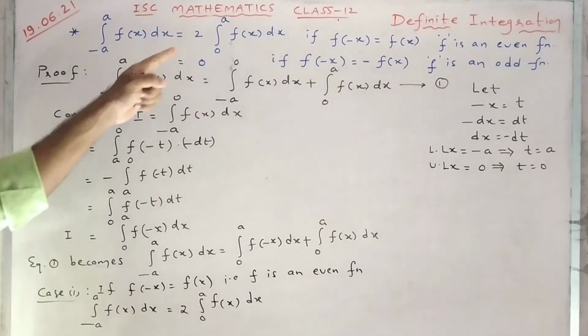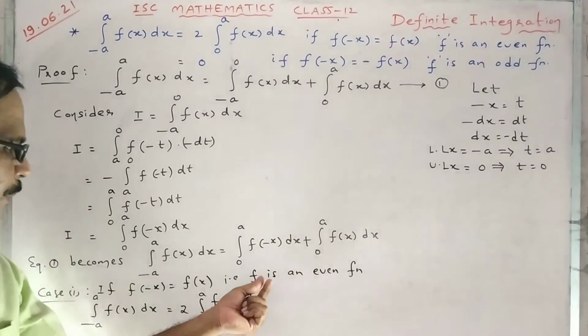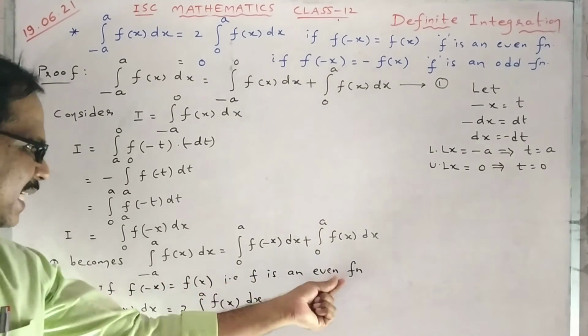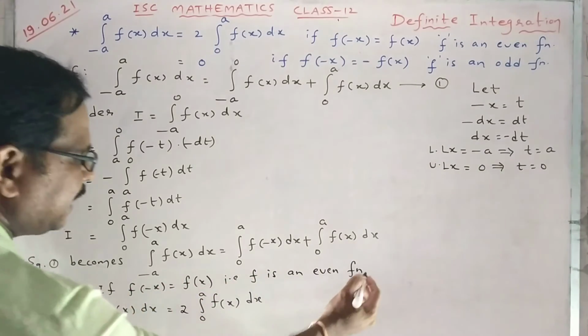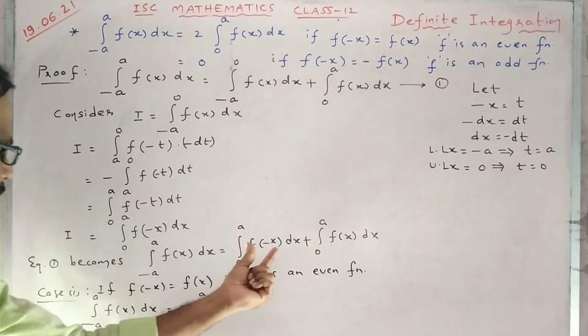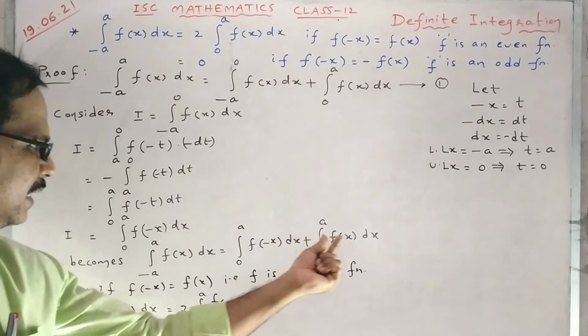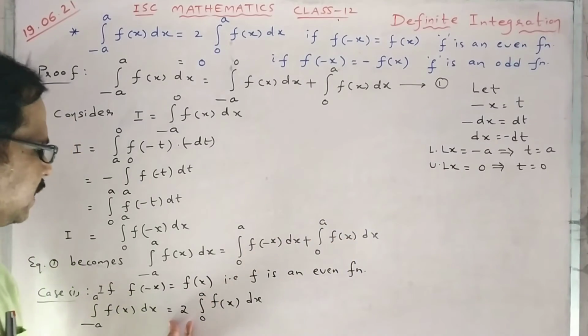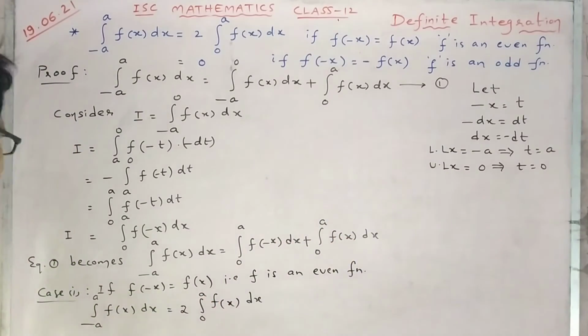Did you see here? If f is an even function, we can write f of minus x equal to f of x. So here you write f of x, this is also f of x, 2 times integral from 0 to a of f of x.